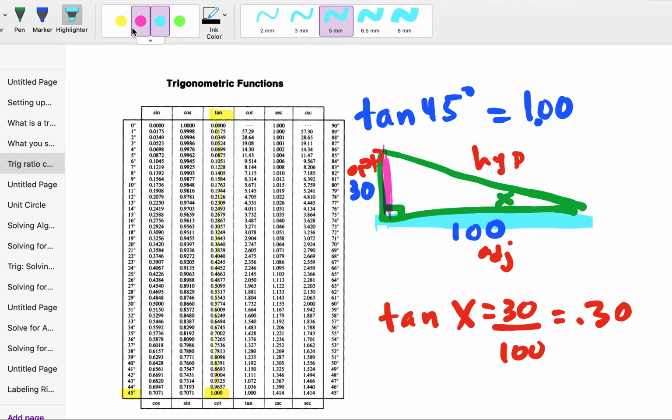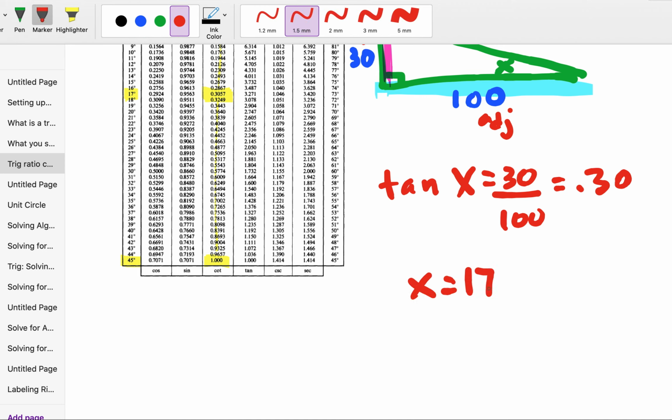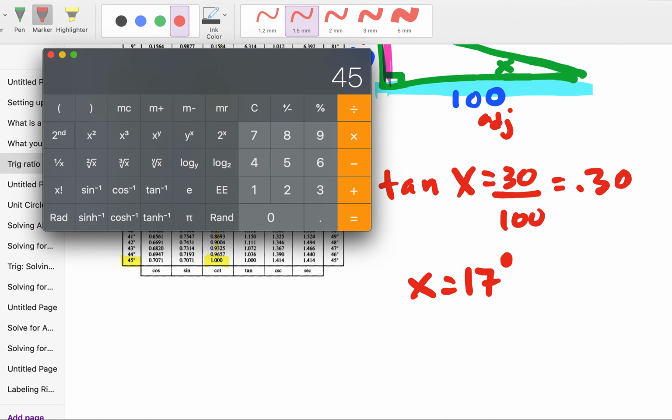So we'll look at the tangent chart and we'll look for the closest one to 0.30, which is right here. So we'll move to the left and see that that is at 17 degrees. And that's what your calculator is going to come up with. See, if we put 0.3 and we use inverse tangent, we get 16.699, which rounded to the nearest whole degree is 17 degrees.